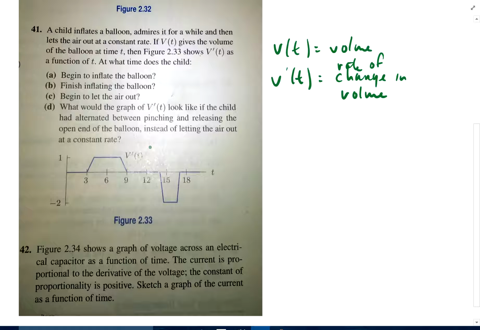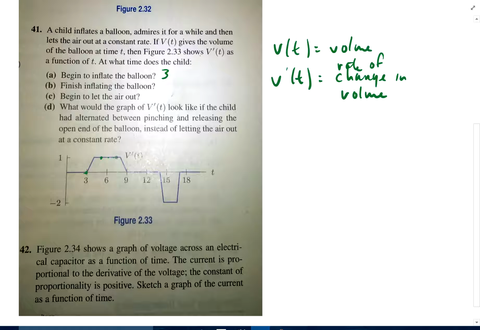So when did he start to inflate the balloon? Well, this is the rate of change in the volume. So once you start blowing the balloon up, this is going to be positive, right? Because you're putting air in the balloon. So he's going to start at 3. And when does he stop inflating the balloon? Even at this point here, you're blowing the balloon up. The volume is changing, say it's cubic inches at 1 cubic inch per second, if this is seconds.